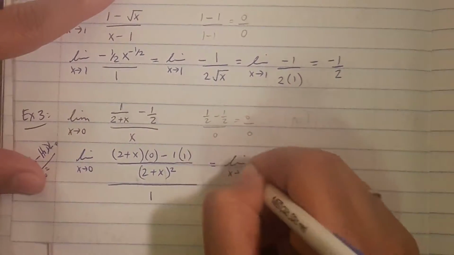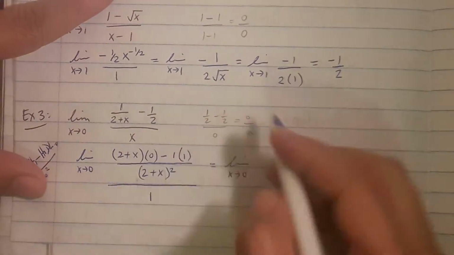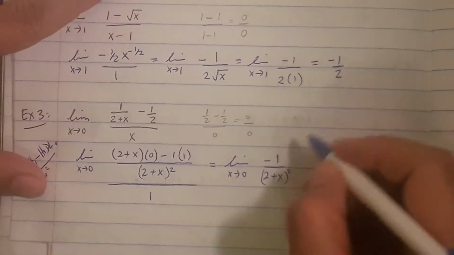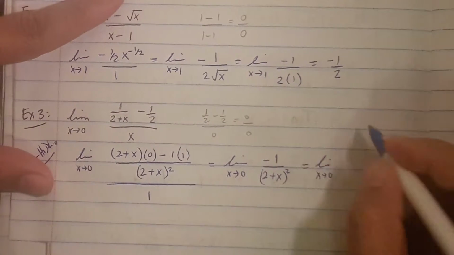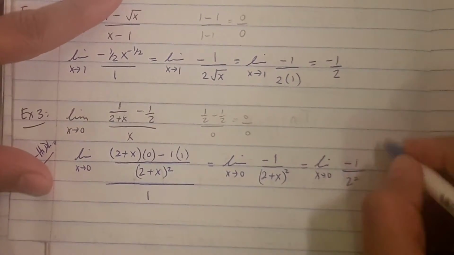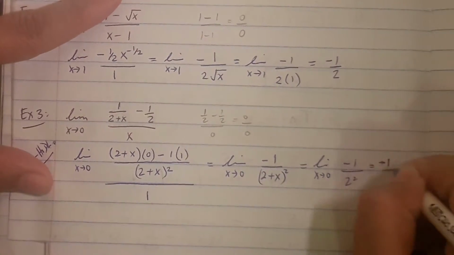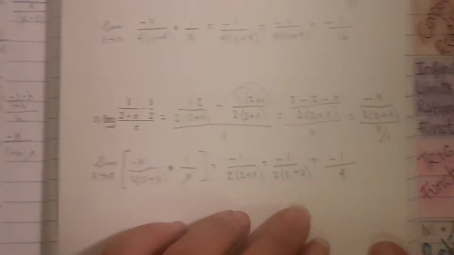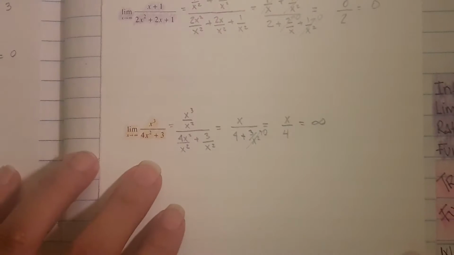So this is equal to the limit as x goes to 0, and we're simplifying this to negative 1 over 2 plus x squared. Now plug in 0 for x, so you're going to get negative 1 over 2 squared, which is negative 1/4. Let's check our answer. And there it is, negative 1/4.